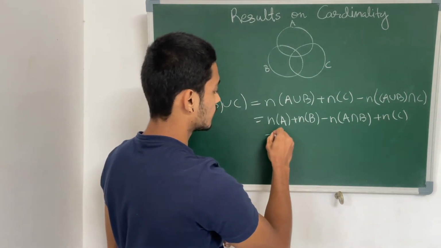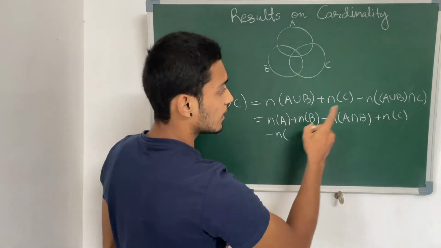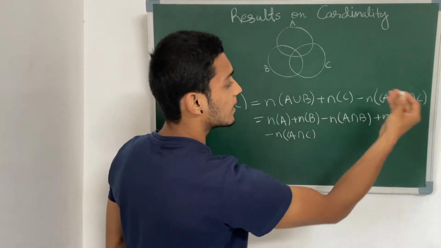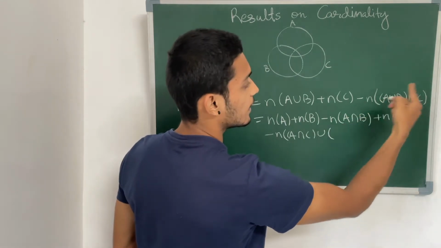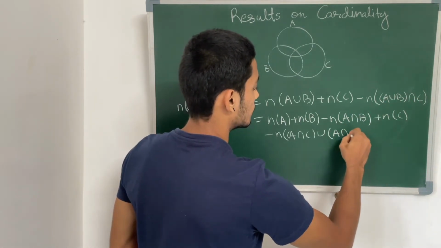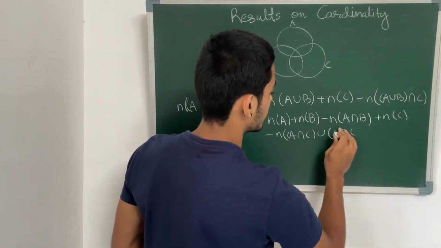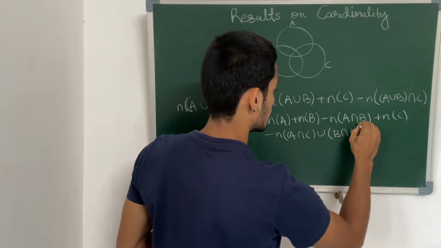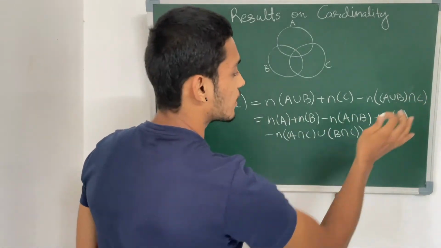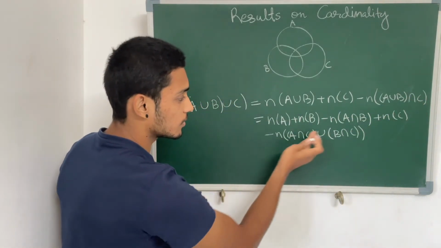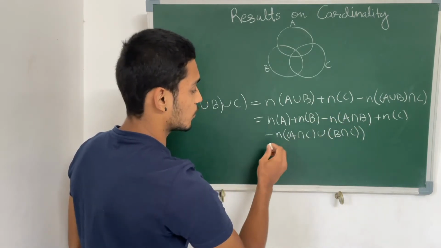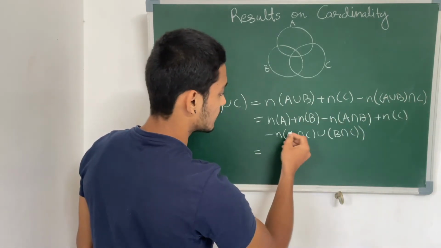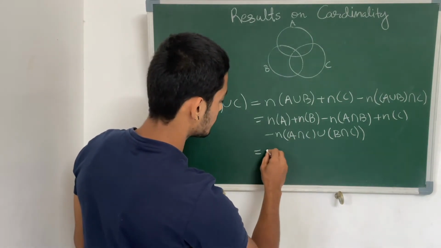So we have A intersection with C and their union with, sorry, B intersection C. Okay, so the above we cannot go further. Let us try to work on this expression only. So what it means is, this will remain the same. Let us just focus on this part.